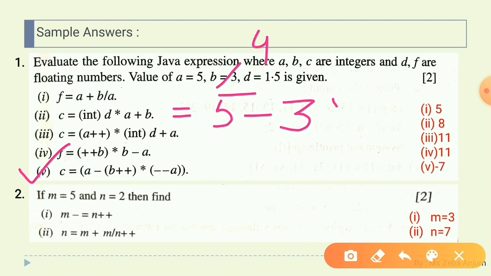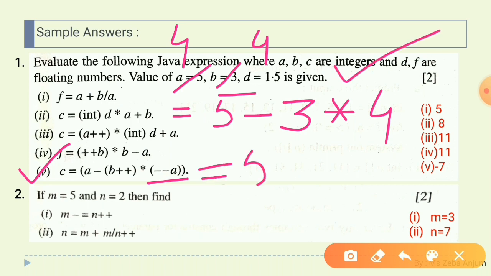Now again multiplied by minus minus a, that is the pre-decrement operator. So firstly we decrease the value, then we write down the value. Among the minus as well as the multiplication, firstly we solve the multiplication, hence you will get 5 minus 12, and the answer is minus 7.